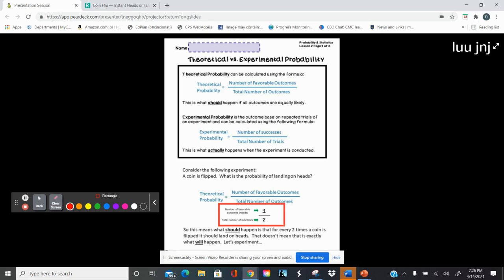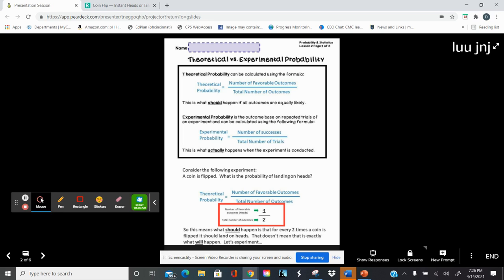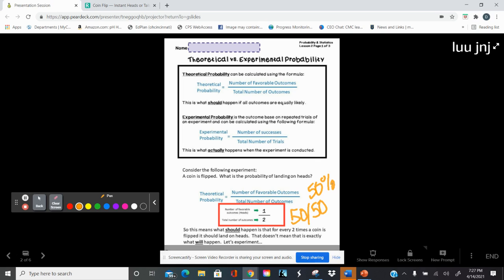And also, we said that can be 50-50. It depends on how you would like to write it. So a lot of people say, oh, you have a 50-50 chance, or you have a 50% chance of getting heads. Okay. All right.